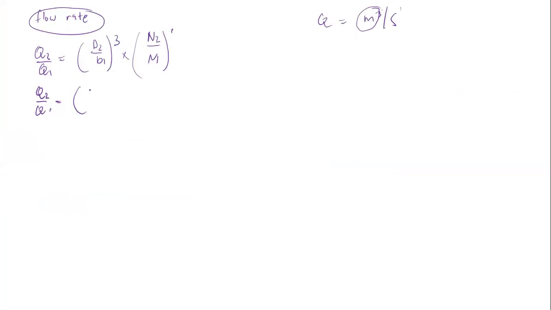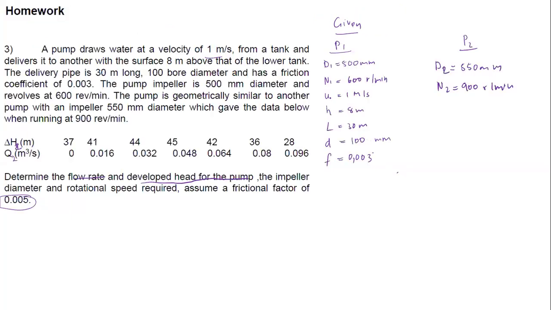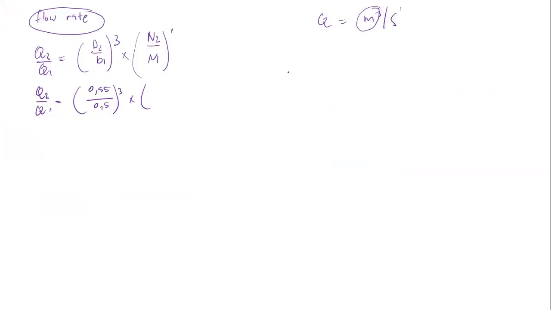That gives 0.55 meters divided by D1, which is 0.5, to the power of 3, multiplied by our speed N2, which is 900 revolutions, divided by 600 revolutions per minute.